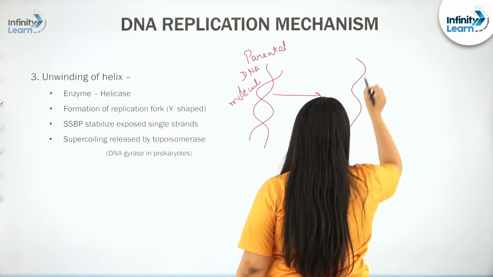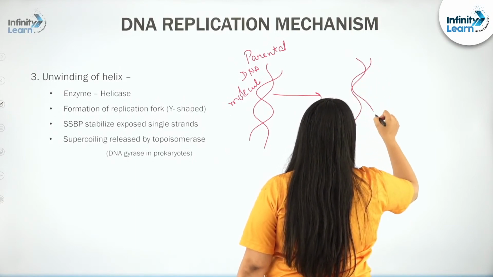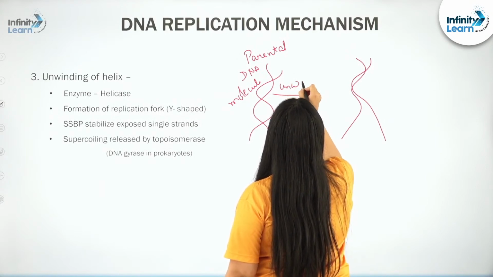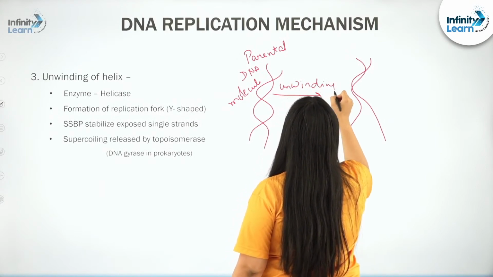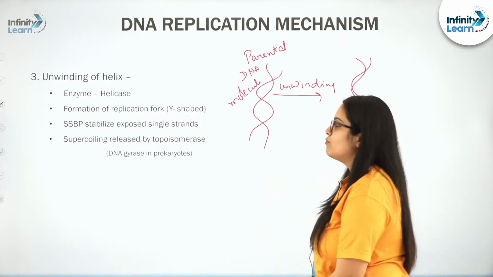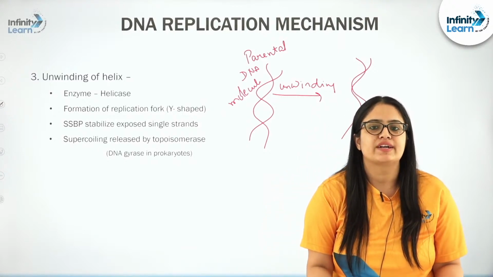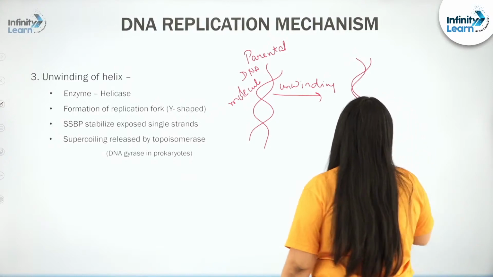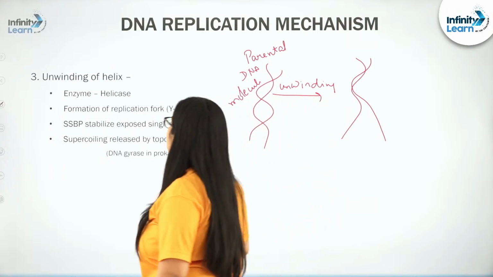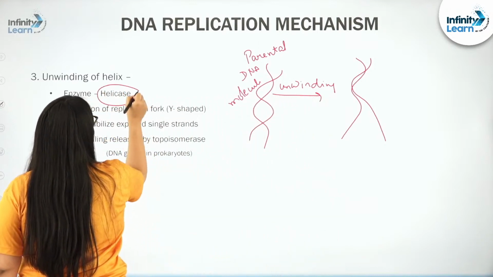During replication, unwinding. Unwinding means opening of the DNA molecule, or separation of the 2 strands in a DNA molecule. So, like this. But remember, who is going to catalyze this process? The enzyme known as helicase.